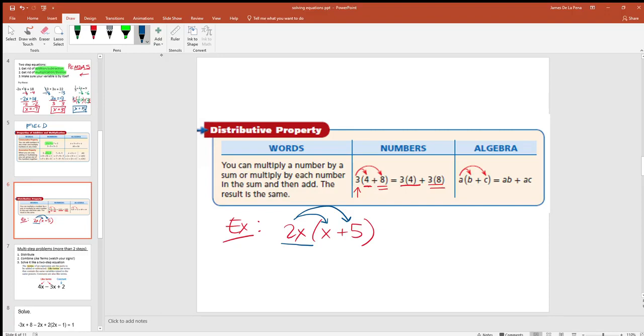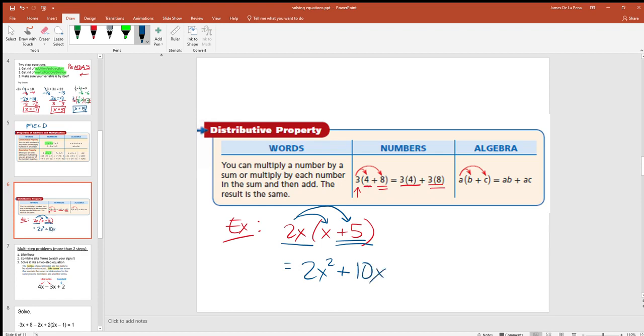So here we have 2x times x. That's going to give us 2, and then x times x gives you x squared. And then the second one, make sure that you're following the sign of what comes right before the value. Here we have 2x times positive 5. So our value is going to be positive 5 times 2, or 2 times 5, which is 10.